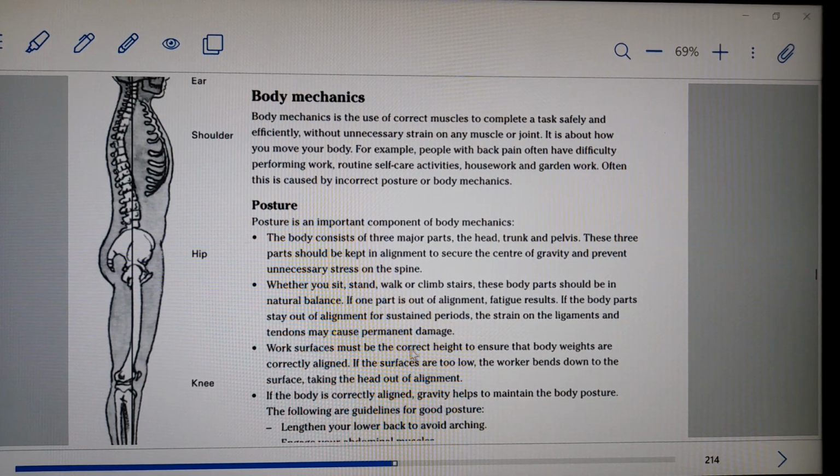Work surfaces must be the correct height to ensure that body weight is correctly aligned. If surfaces are too low, the worker bends down to the surface, taking the head out of alignment. If the body is correctly aligned, gravity helps to maintain the body posture.